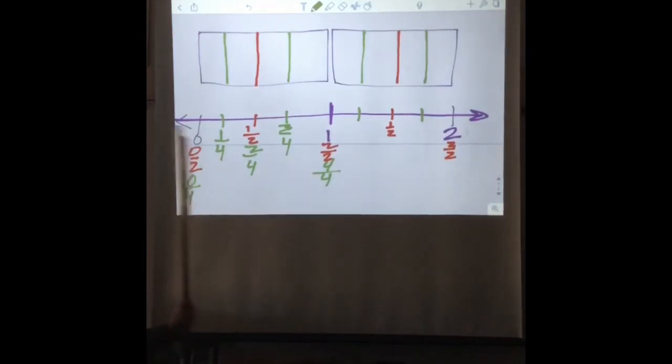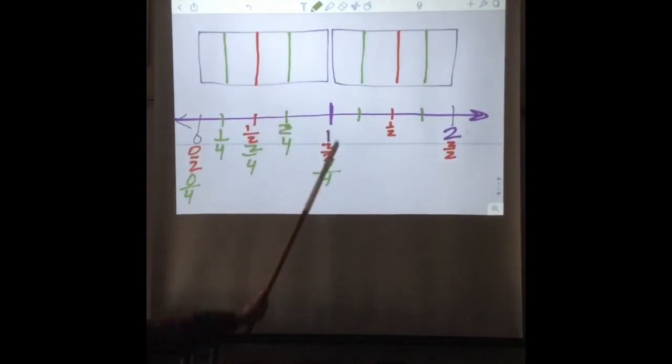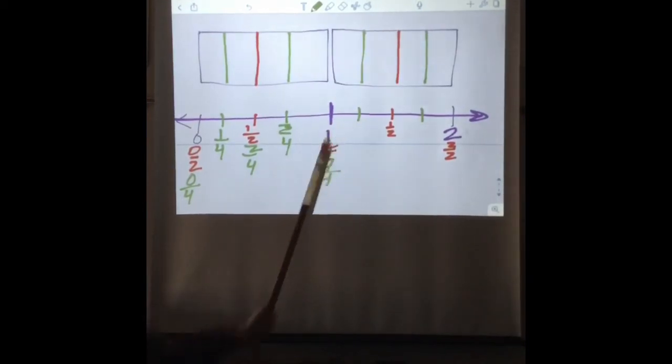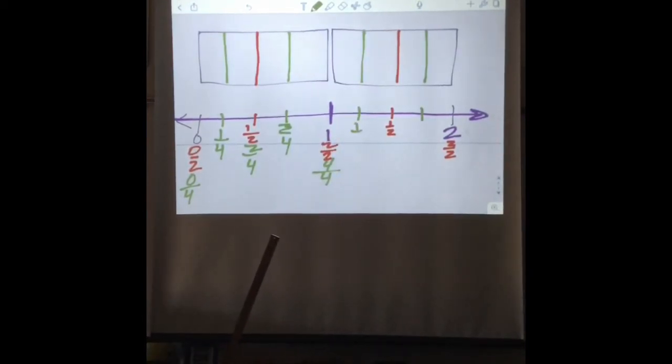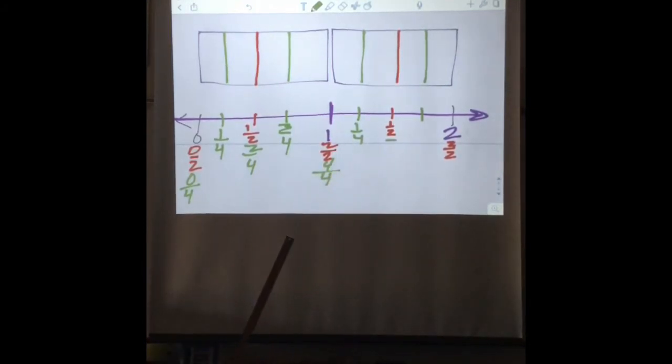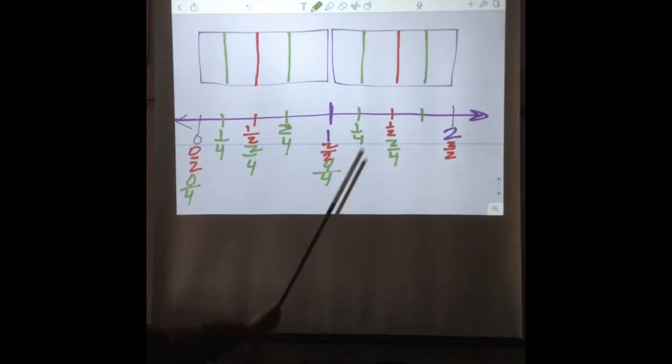And then this is 1, 2, 3, 4/4. Now what's this? Well, it's 1/4, right? And this is 2/4. This is 3/4. And then this would be 4/4.